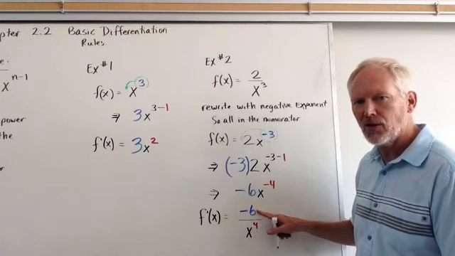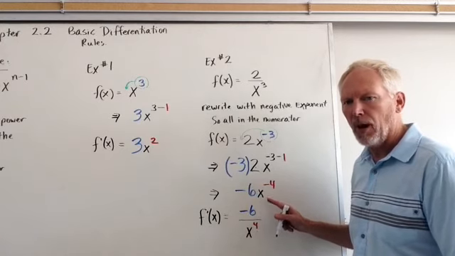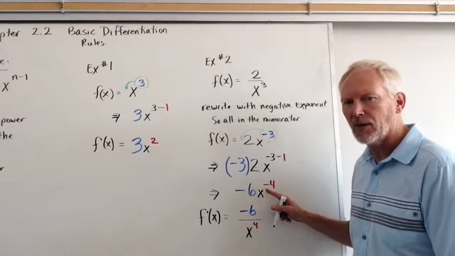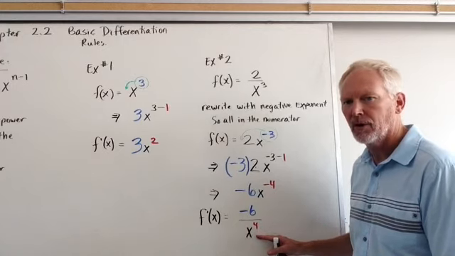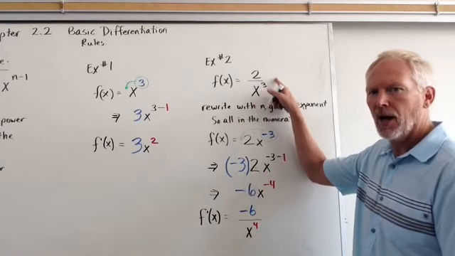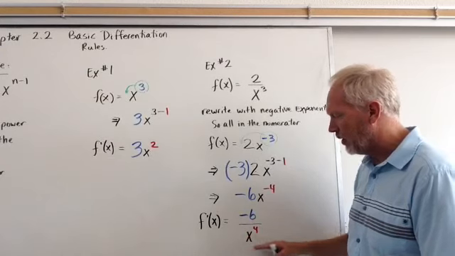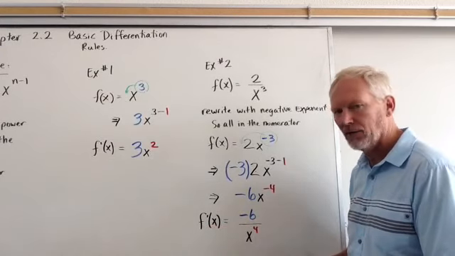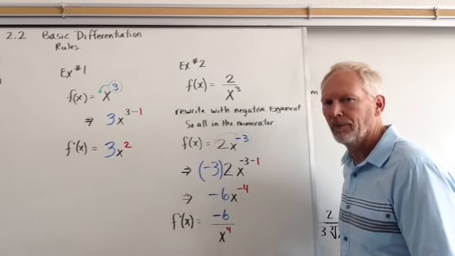So the negative 6 stays in the numerator, and once you have a negative as an exponent, it moves down to the denominator to become positive. Same way as if I have a positive exponent in the denominator and I move it up, it becomes a negative. So your final answer here of f prime of x is negative 6 divided by x to the 4th power.